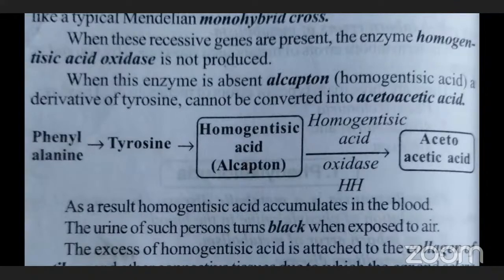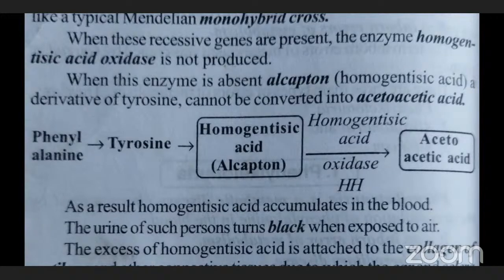The accumulation of alkapton in the blood is called alkaptonuria. Alkaptonuria is an inborn error of metabolism, which is also a heritable disease. It is caused by recessive genes represented by hh. Alkaptonuria is also a simple Mendelian character, which is inherited like a Mendelian monohybrid cross.